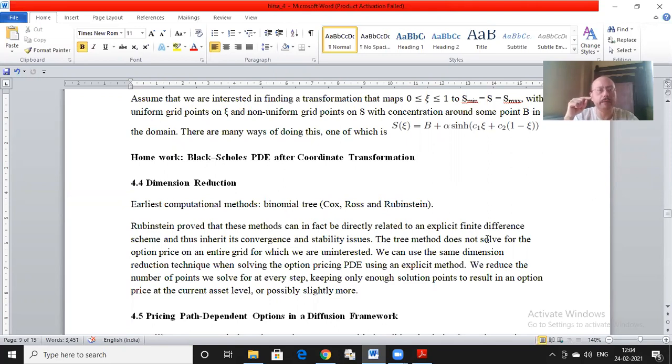We go backward in time, remember? It works actually like an explicit finite difference scheme. So you can map it to a finite difference scheme. So you know whatever convergence and stability properties a finite difference scheme has, that will be inherited by the binomial tree method.